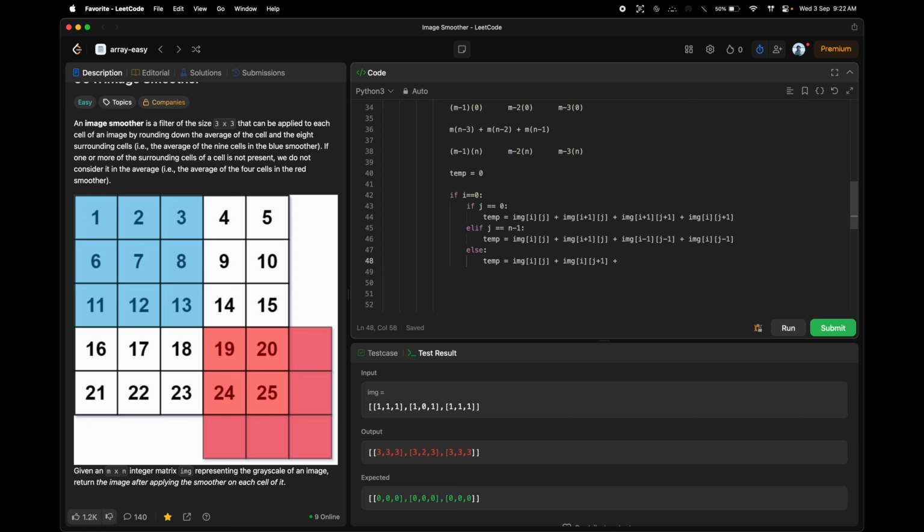Then this one would be I plus 1 and j plus 1, and then this one would be I plus 1, j remains the same, and then I plus 1, j minus 1.